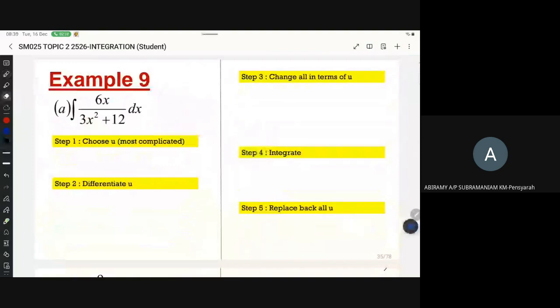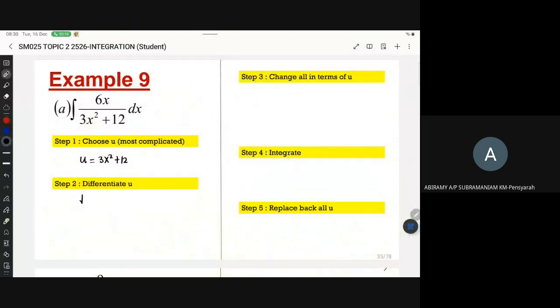Therefore, we choose the substitution method, and the tip here is that u should be the most complicated part. When we look at 6x and 3x squared plus 12, 3x squared plus 12 is slightly more complicated than 6x. Remember, this is just a tip. Now let's see the second step.